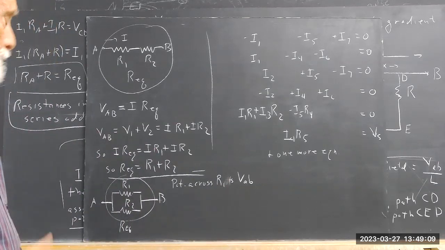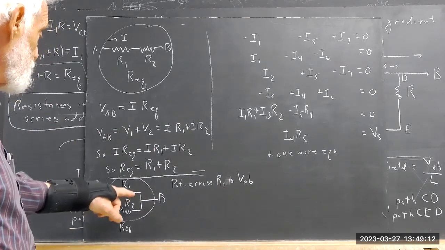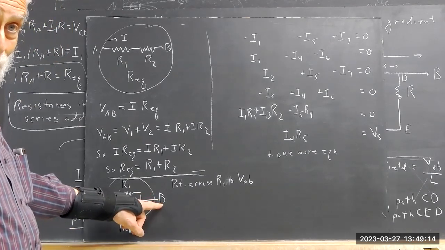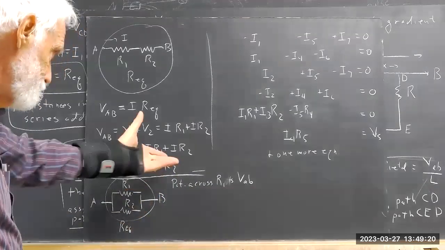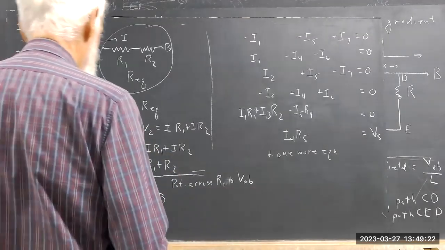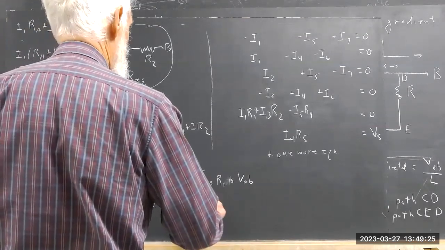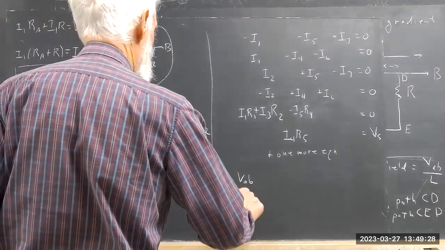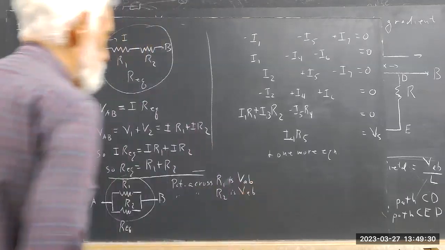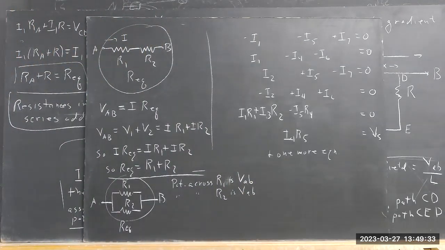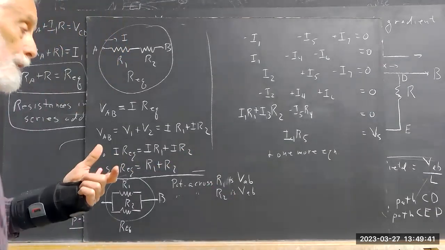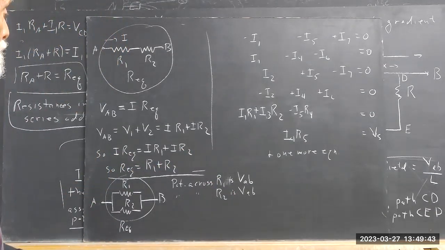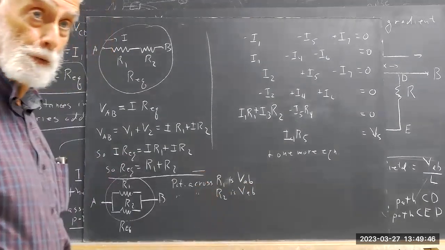You can just think of it: this is at the same potential, this is at the same potential. There's no potential drop across the wire. So what else? The potential across R2 is VAB. They cannot in general have the same current, because you have the same potential drop across two different resistances.